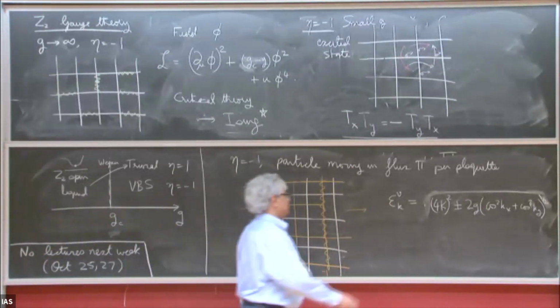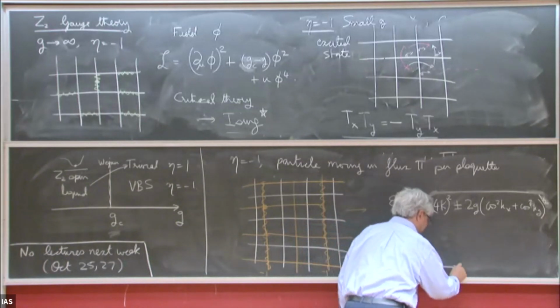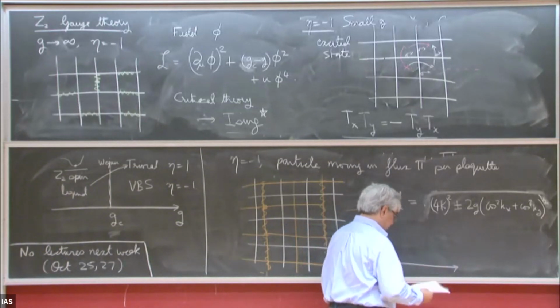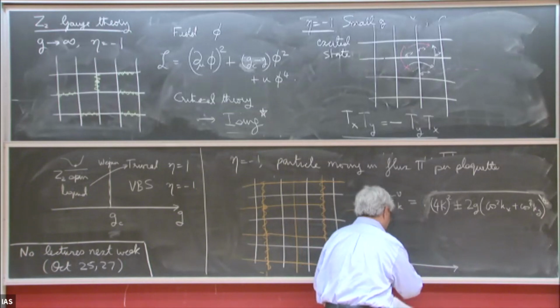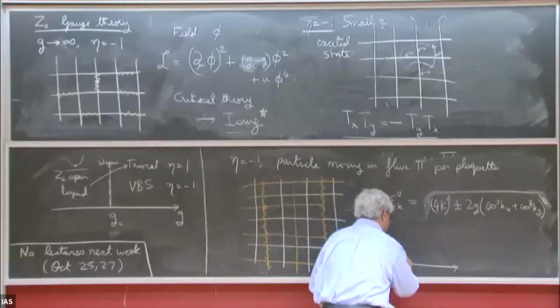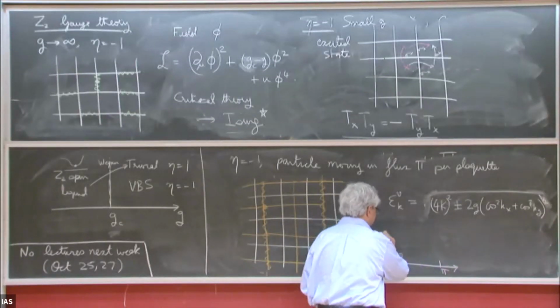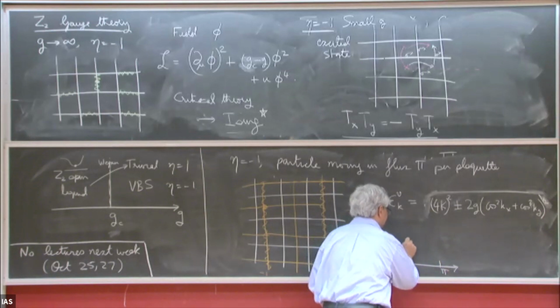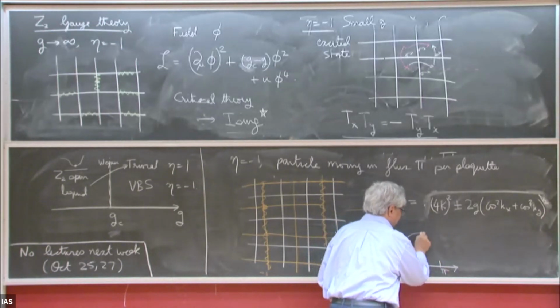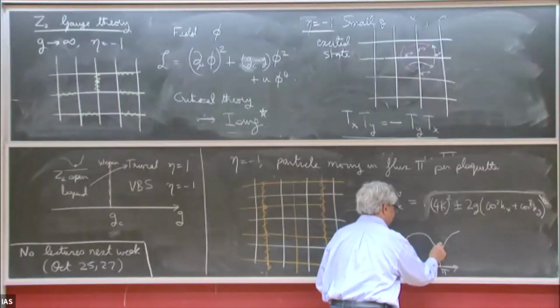But just to sketch it, somewhere in the Brillouin zone, this is some direction. I picked ky, so I call this direction ky. This is ky equals 0. This is ky equals pi. There's some dispersion here, which has a minimum at ky equals 0, and then it has another minimum at ky equals pi, which is exactly degenerate.